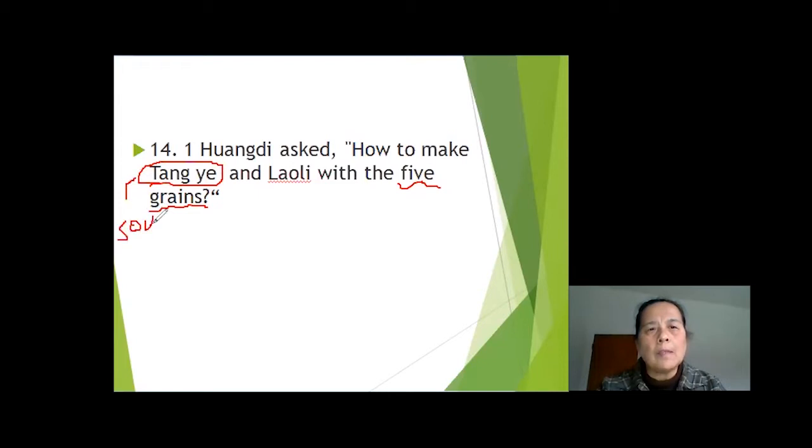Ye means liquid. So that kind of liquid is made from grain.